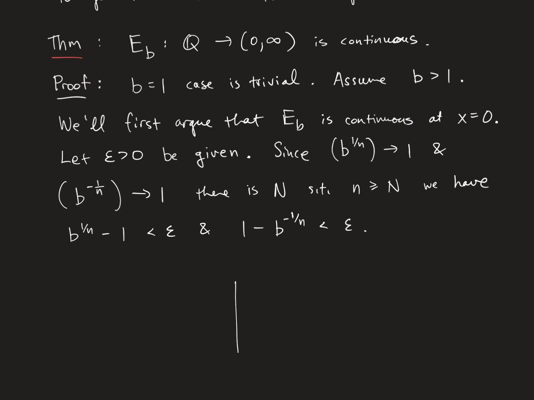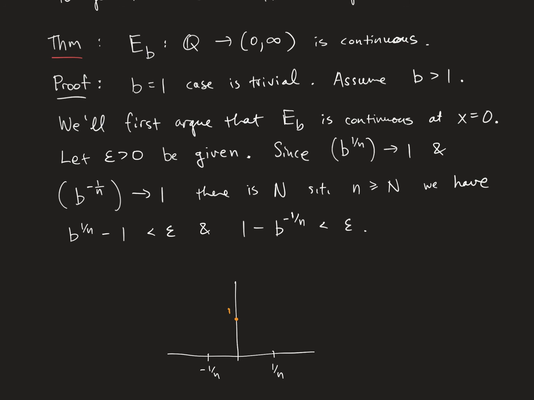And then the basic idea here is that if you look at this, you have negative 1 over n over here, you have 1 over n here, and b to the 0, which is equal to 1, right in the middle there.